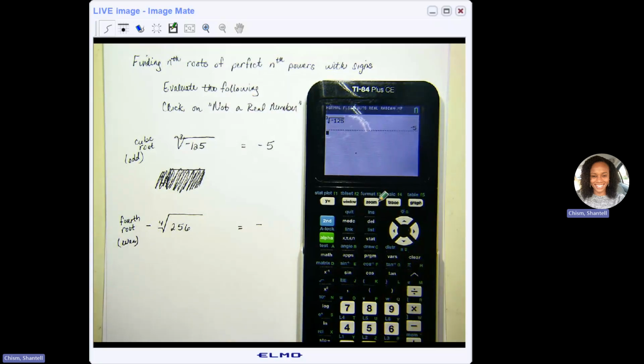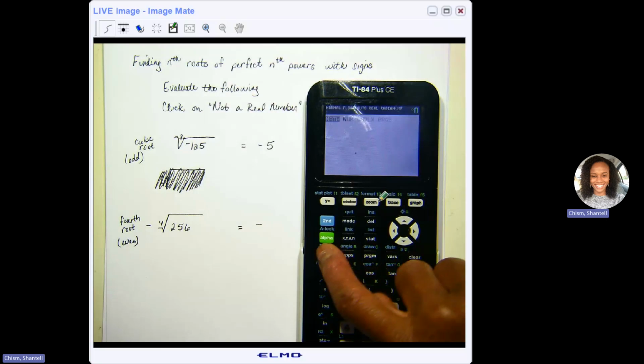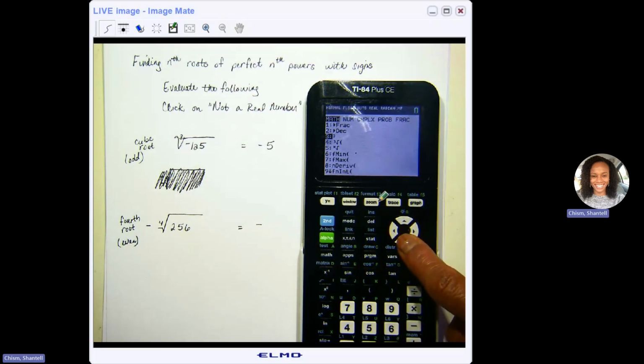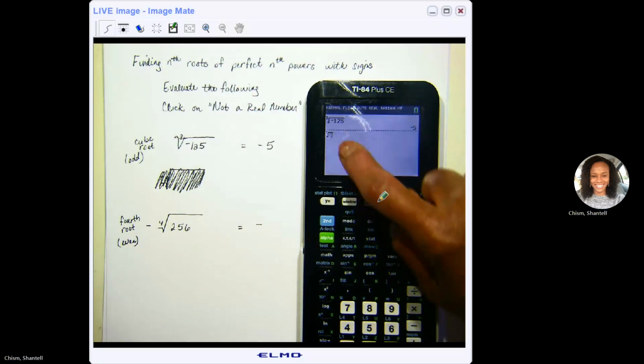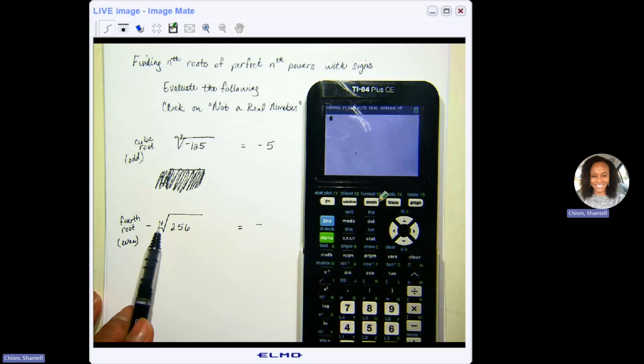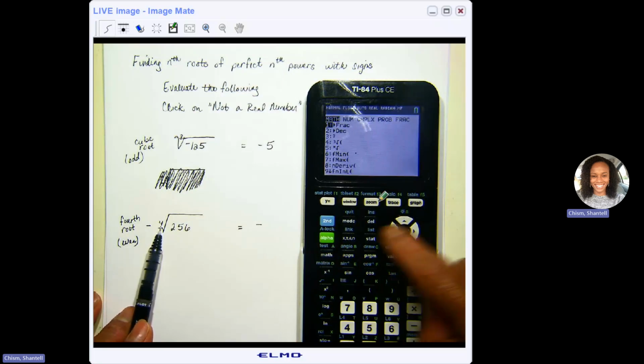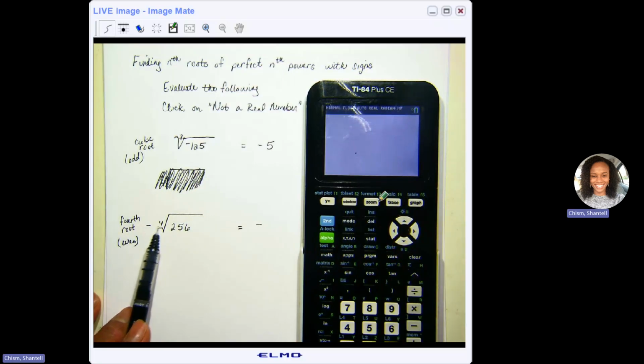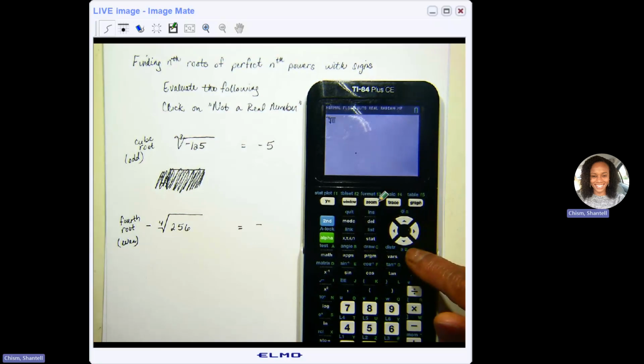So this time I'm going to put the negative out front, and then I'm going to go math, and then I'm going to select number 5 here. And, let me put negative, and then I have to tell the calculator that my root is a 4. So I'm putting the 4, and then I'm going to go math. I don't want the negative out front.